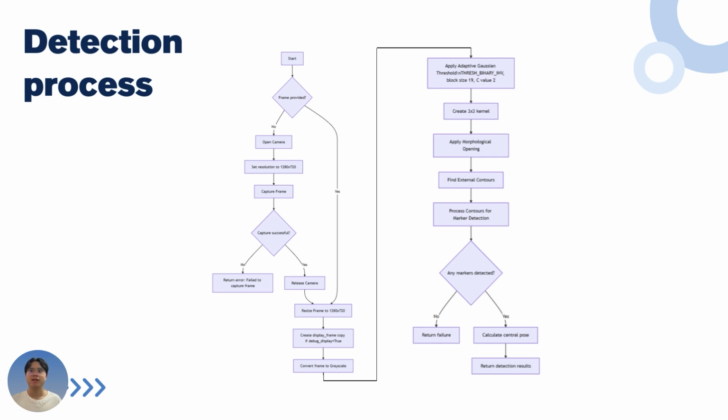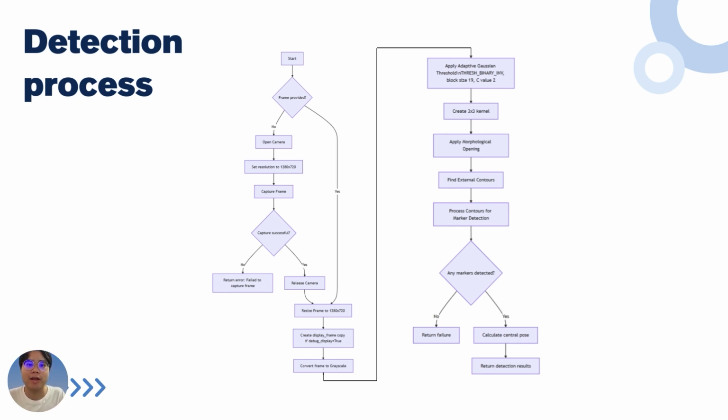And next, this is our detection process. First, as you can see, the frame is provided, so we check whether the camera is open or not. If the frame is already provided, next we resize the frame to 1280 by 720.